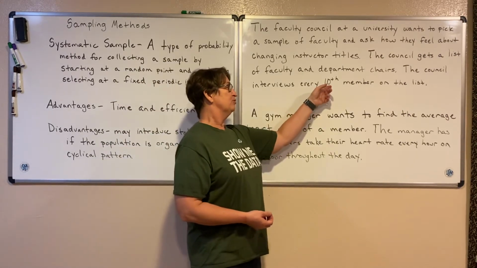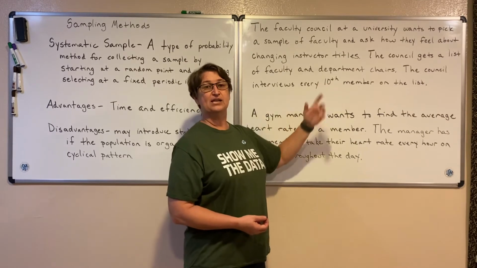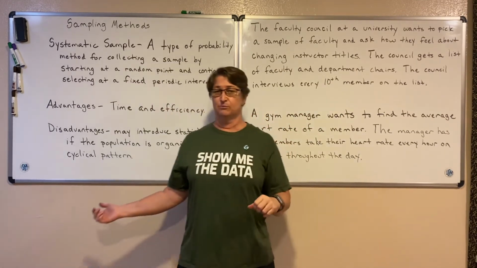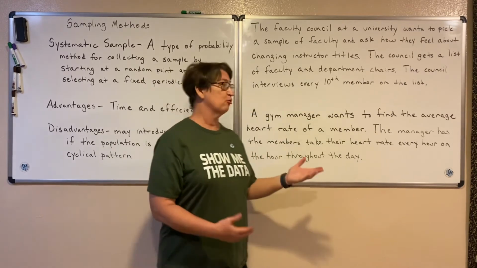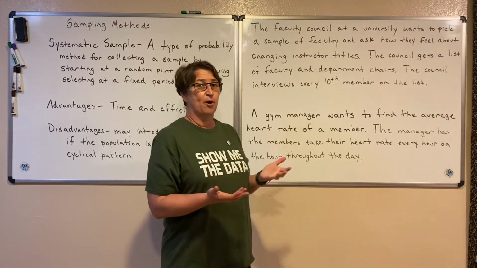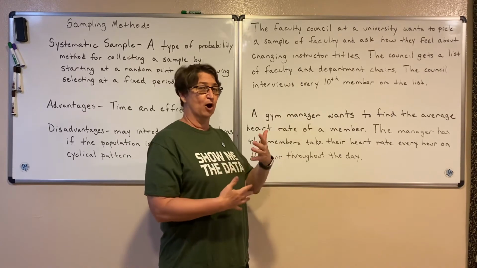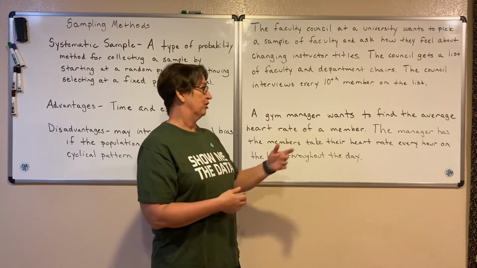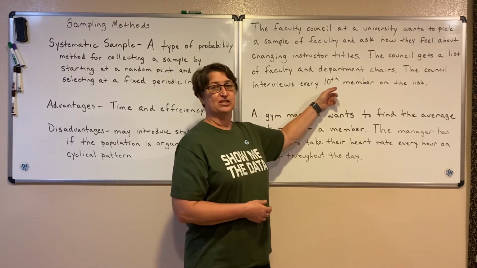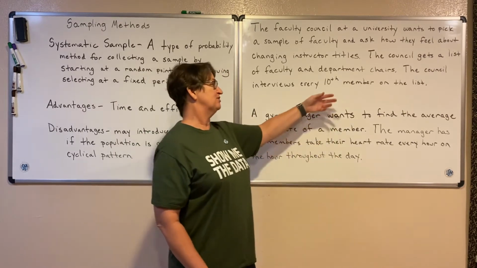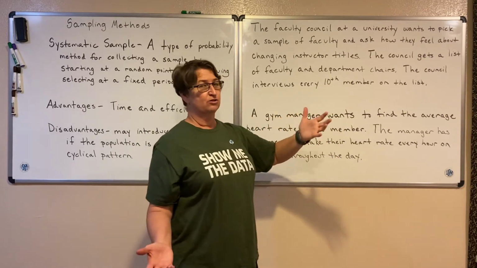But whoever's running the survey needs to be careful and look at the list to make sure that it's not organized in some cyclical pattern. In other words, they need to make sure that every 10th member is not like a department chair. Maybe every department has 10 members and the 10th one is always the department chair. Maybe department chairs have a different idea than the rest of the faculty. Or maybe every 10th member on the list is the new hire.